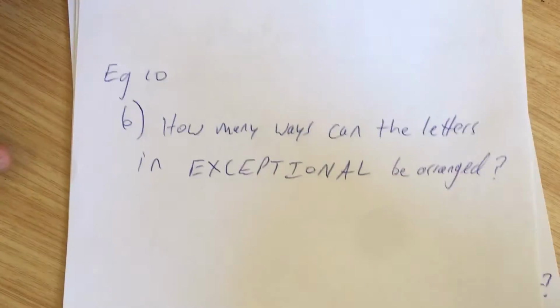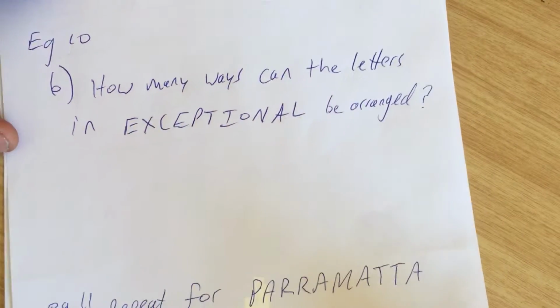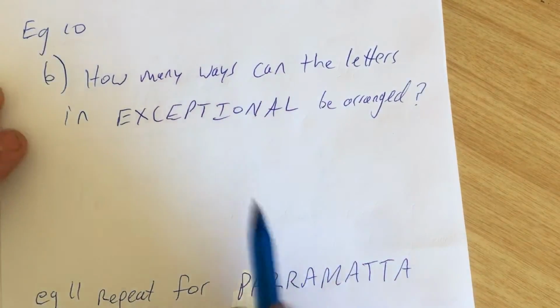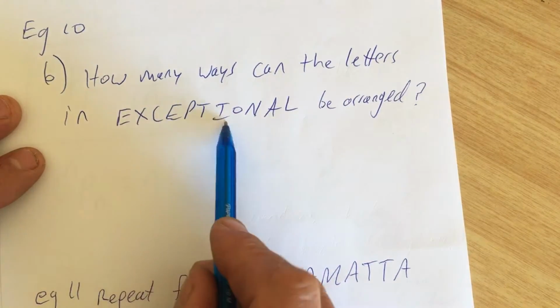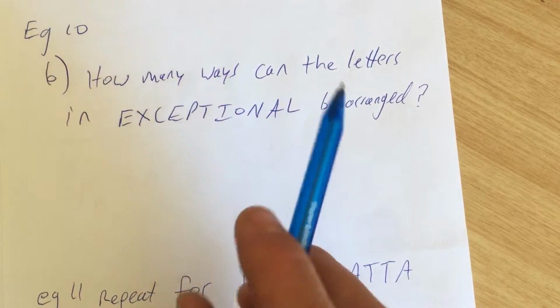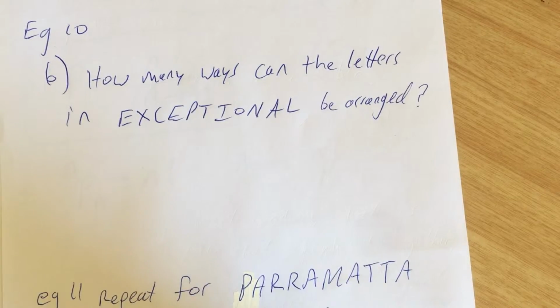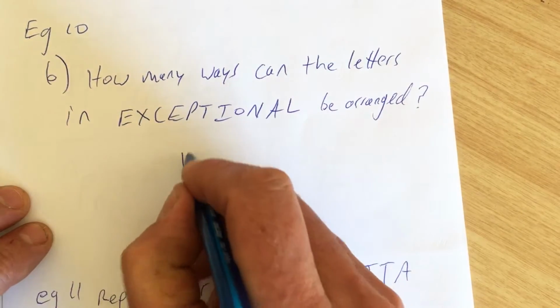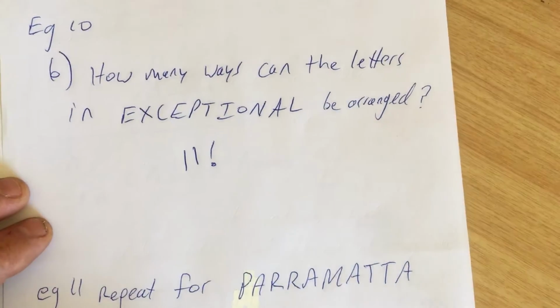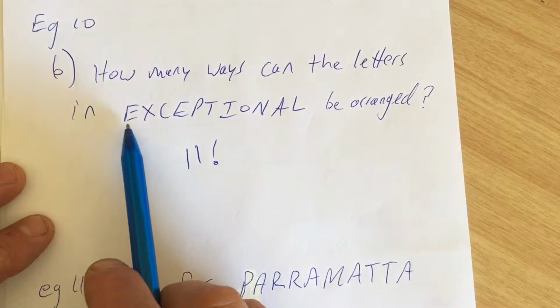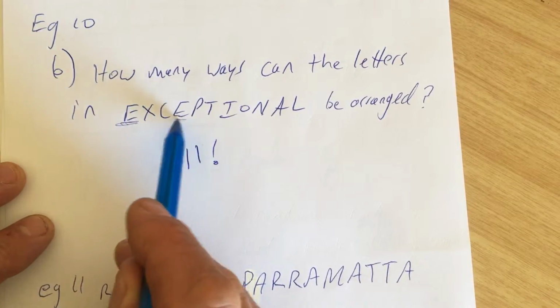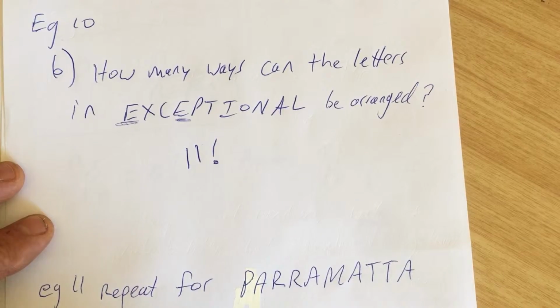Next, how many ways can the letters be arranged? These are classic questions. So the first one: 1, 2, 3, 4, 5, 6, 7, 8, 9, 10, 11. There's 11 letters, and you can arrange them amongst themselves 11 factorial different ways. Now the problem is, there's 2 E's, and the E's are the same.